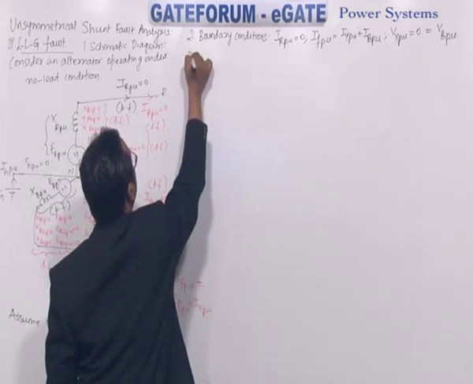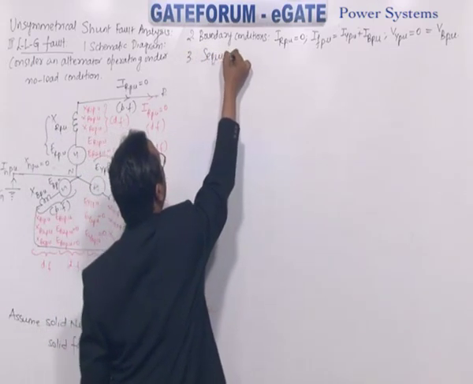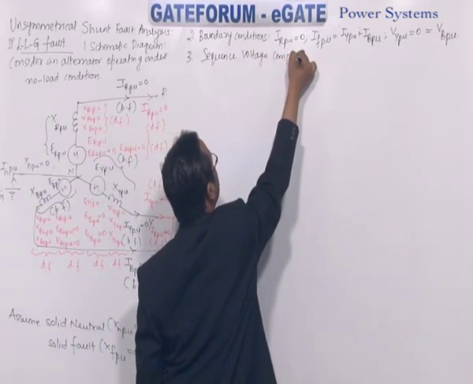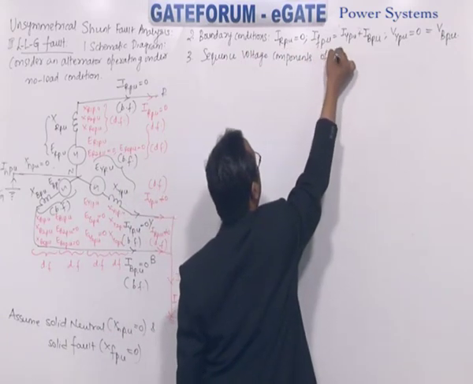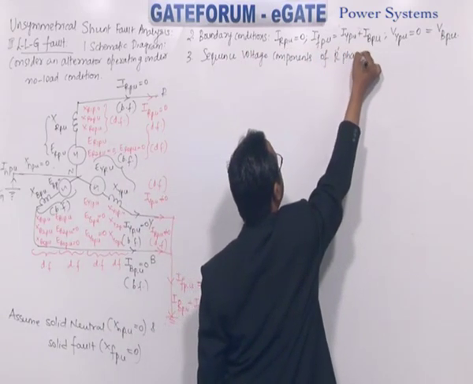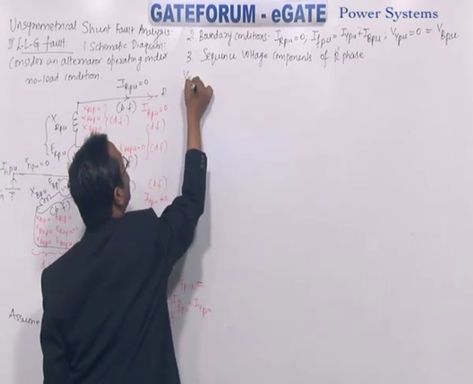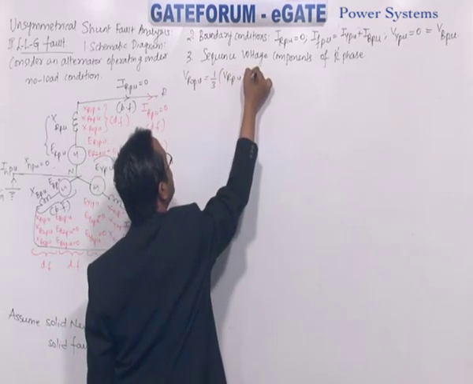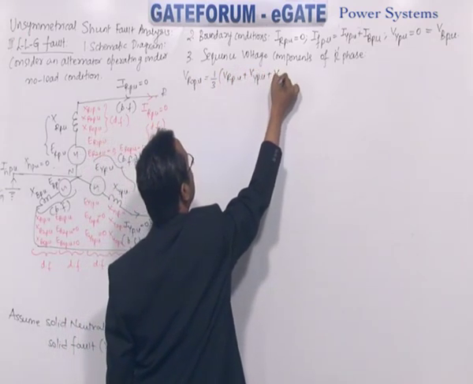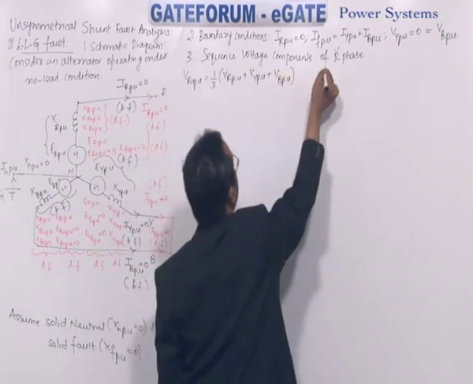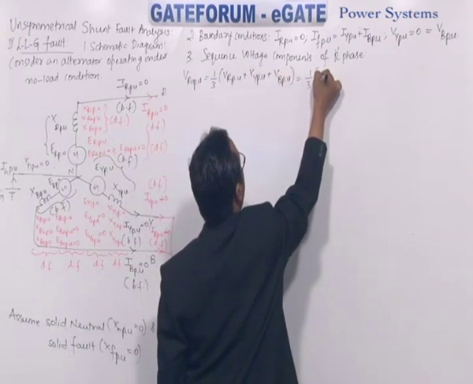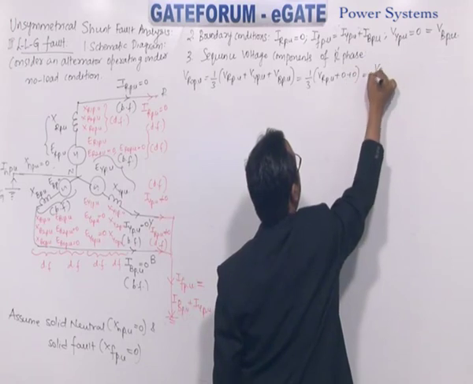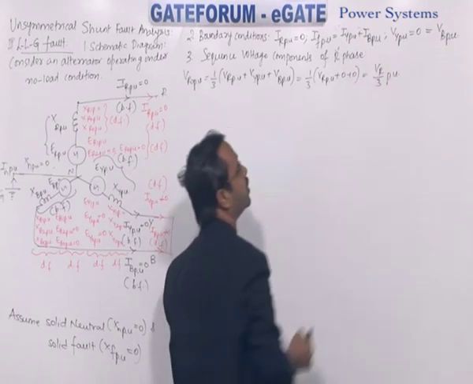First we find VR0 per unit, that is 1 by 3 times VR plus VY plus VB. VY and VB both are zeros. On simplifying, how much do you get? VR by 3 per unit.